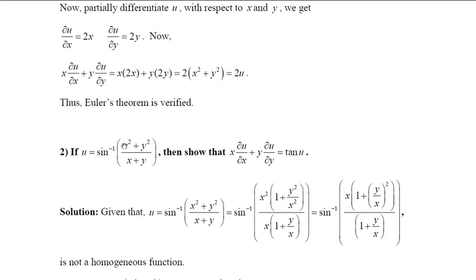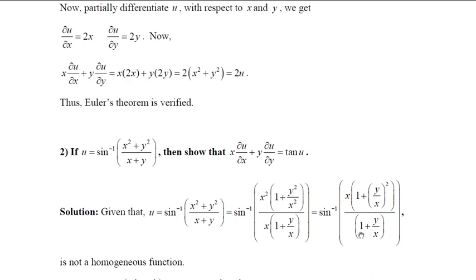Now let us verify whether your u is homogeneous or not. How? The highest power of x in the numerator. What is that? x square. Take it out. Highest power of x in the denominator. Take it out. Because we want to make this one as a function of y by x alone. Now, if you take it out, then your 1x will go off, remaining is x into 1 plus y by x whole square divided by 1 plus y by x.